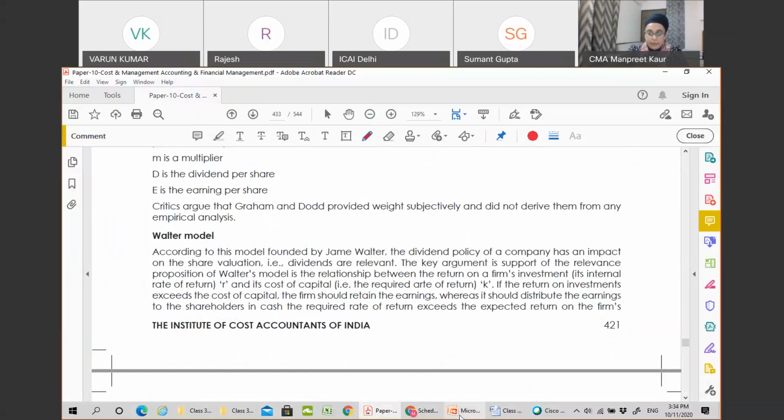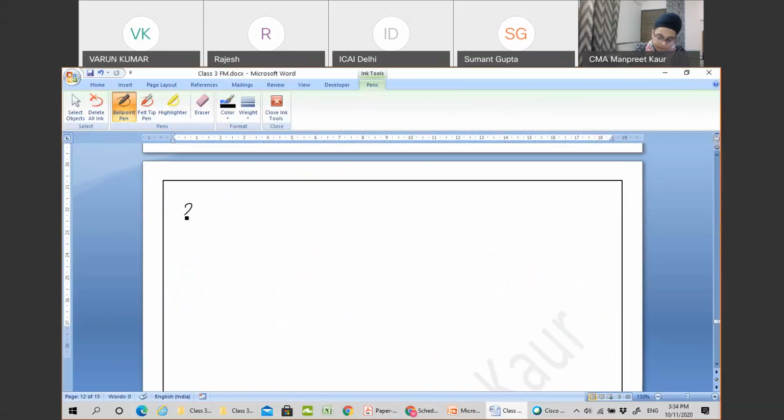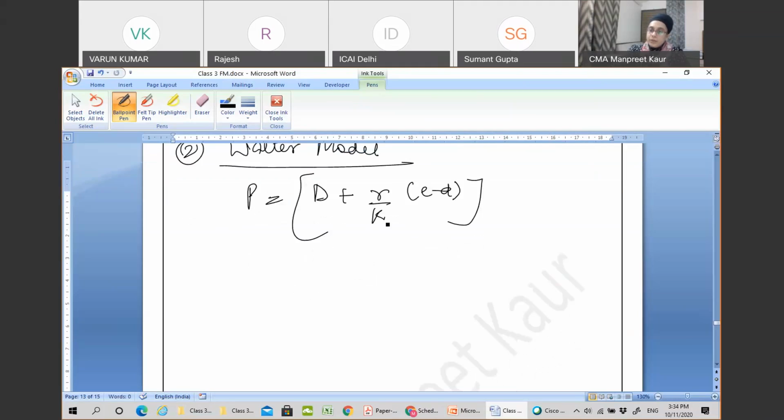Next is the Walter model. Walter model formula is P is equal to D plus R upon KE times E minus D. These formula that you have to properly इसको आपने याद करना इन formulas को authors ने दिए हुए हैं. Accordingly इसके basis पे ही आपने questions solve करने हैं.